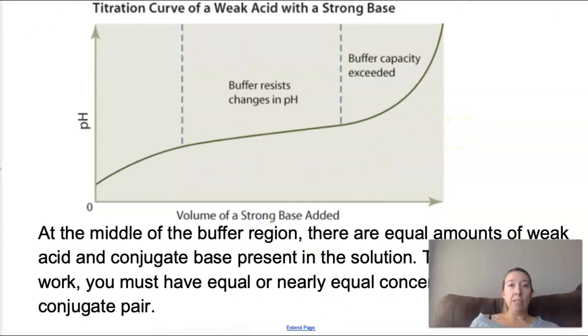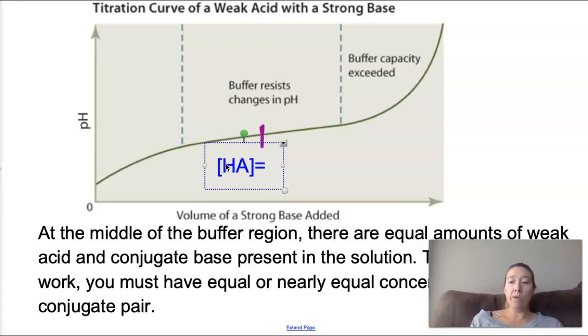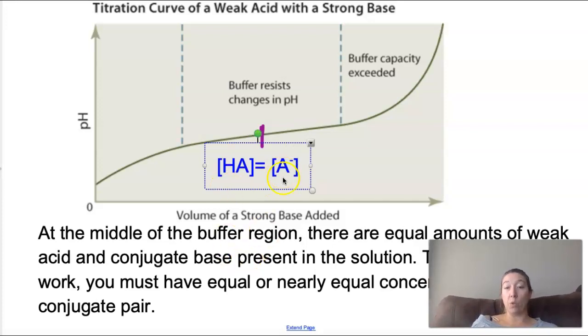At the middle of the buffer region, which is right here, in the middle of where it's resisting changes, the concentration of the weak acid, HA, is equivalent to the concentration of the A- or its conjugate base. So why does this create a buffer that resists changes in pH?